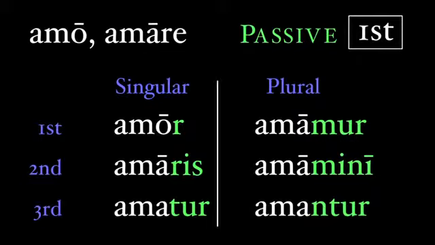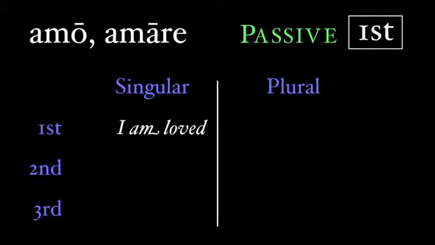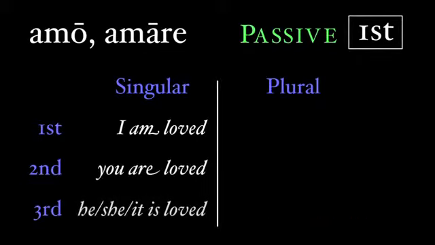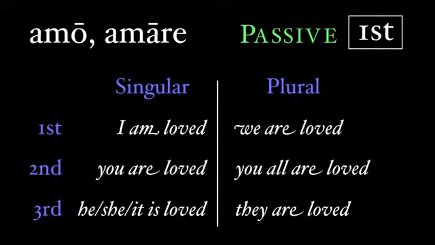So see how the translations are slightly different too. I am loved, you are loved, he, she, it is loved, we are loved, you all are loved, and they are loved. From these translations, you can see how the action of the verb now happens to the subject, rather than the subject itself doing the action.